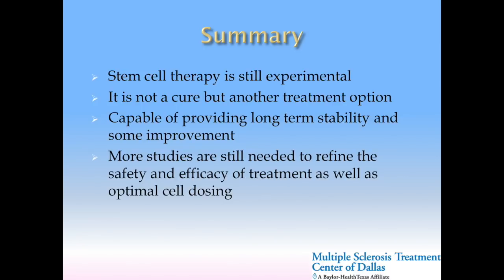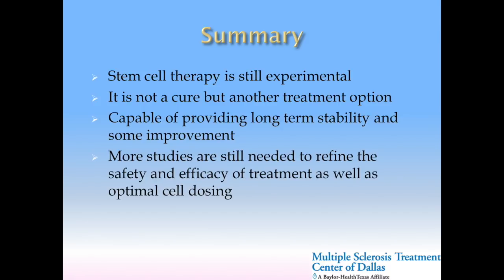Okay? So to summarize, stem cell is still experimental. It's not an approved FDA treatment. It's not a cure, but it's another treatment option. And it holds great promise for MS patients, holds great promise. Every study that we see coming out, even in small numbers, points towards this being a great treatment option for MS and changing how we look at MS and how the future looks to MS patients.